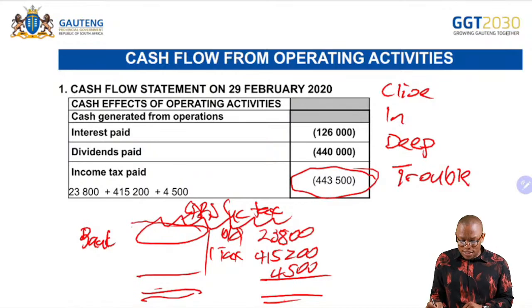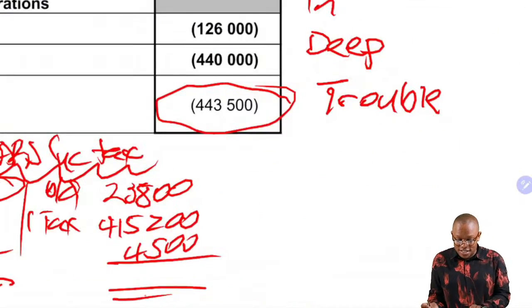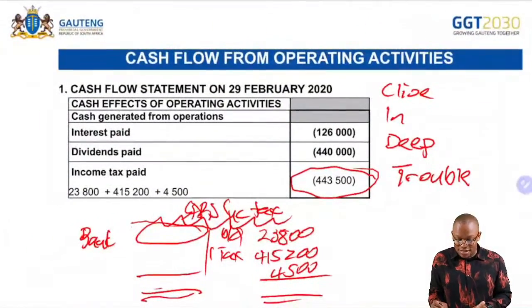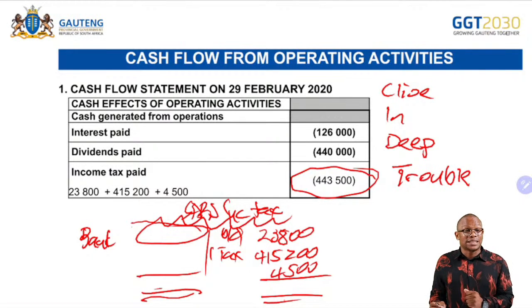When you check the C, just for you to remember, the C for Clive will represent the cash generated from operations. Then the I will represent the interest paid. Don't forget that. Then the D will represent your dividends paid. Then your T, don't forget, will represent your tax paid. So make sure you remember that.